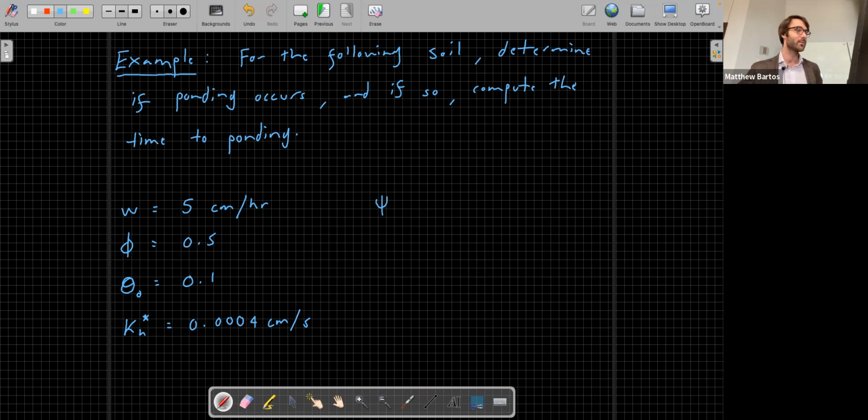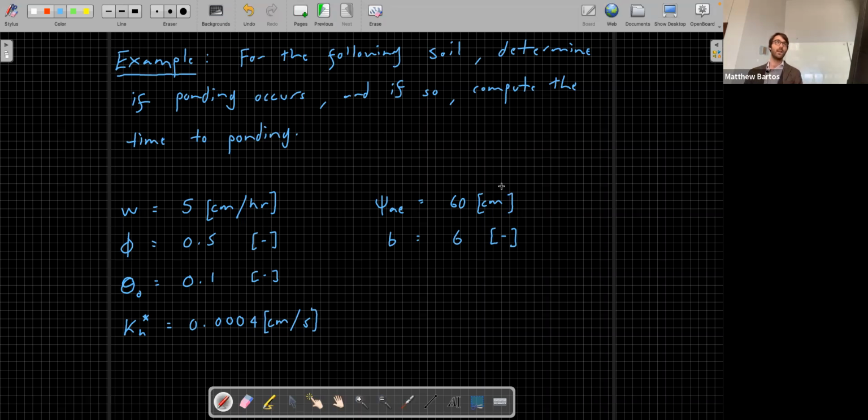Our air entry pressure is equal to 60 centimeters of head. And our pore size distribution index is 6, and this is unitless. Okay, and so we're going to determine if ponding occurs. And if so, we're going to compute the time to ponding using the formula I showed you earlier.